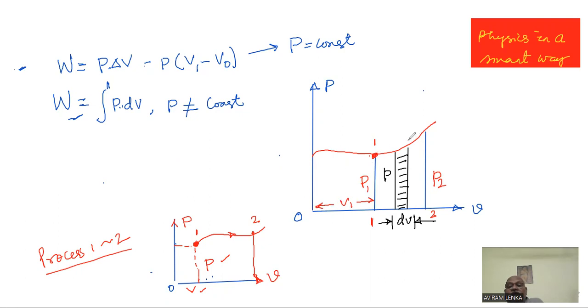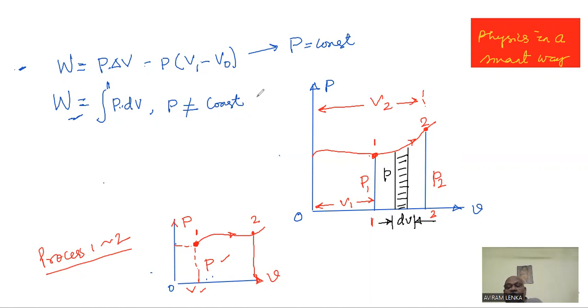The gas changes state from 1 to state 2, with pressure P2 and volume V2. So in the process as the gas goes through, if you try to find the work, because pressure is there, which is non-zero, and there is a certain volume change, as per our previous idea of work, there must be some work.